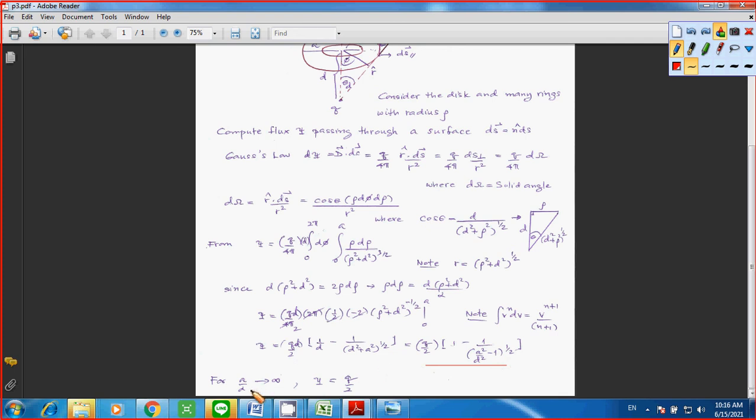Now you take the limit a over d going to infinity. This term drops because the denominator is very large, right? A goes to infinity, so you end up with your electric flux actually becoming Q over 2.